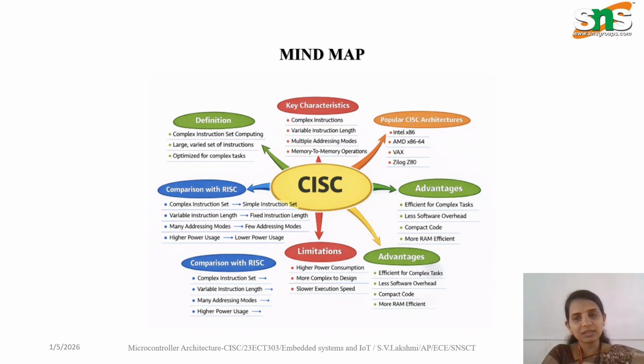Whereas CISC has variable length and multiple cycles per instruction, fewer registers, and many addressing modes. So complex hardware like Intel x86 makes use of CISC architecture, whereas ARM-based devices like mobile phones and smartphones make use of RISC architecture.